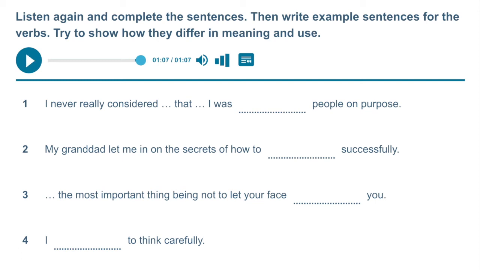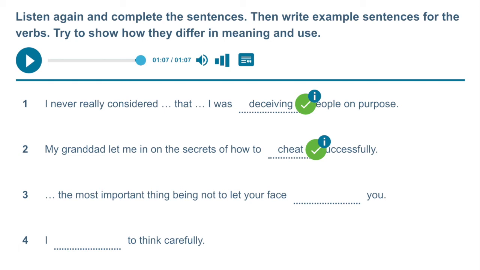Okay, so I hope you got all your answers. Let's see. 1: I never really considered that I was deceiving people on purpose. 2: My granddad let me in on the secrets of how to cheat successfully.